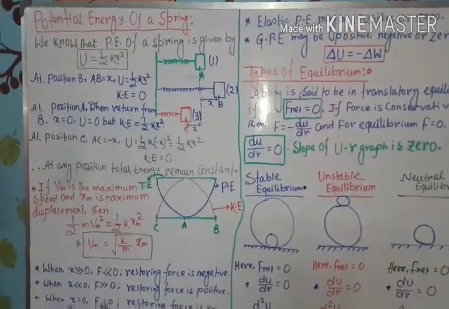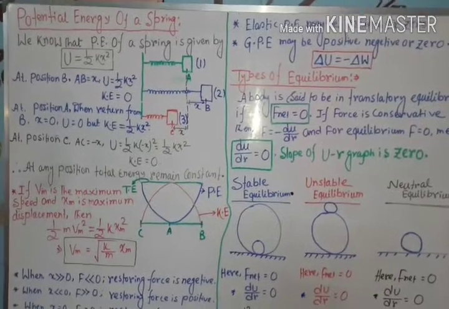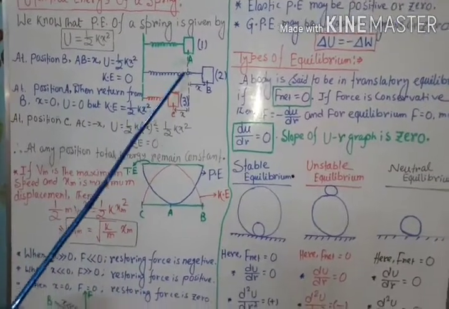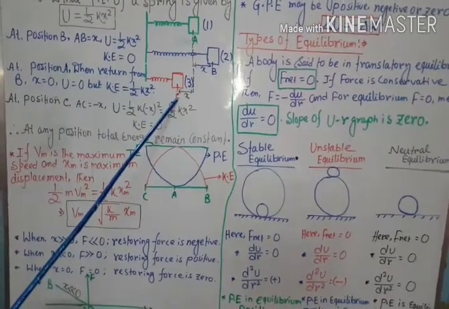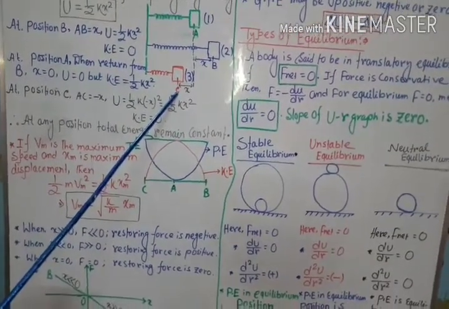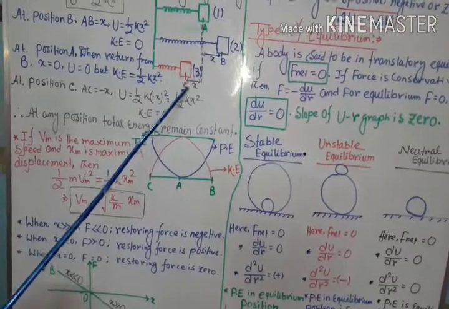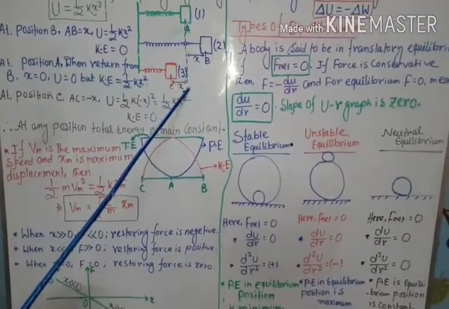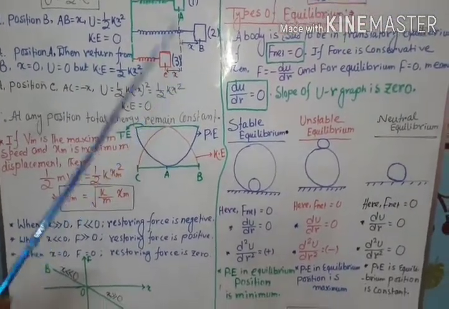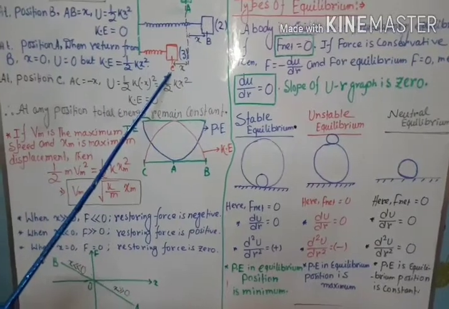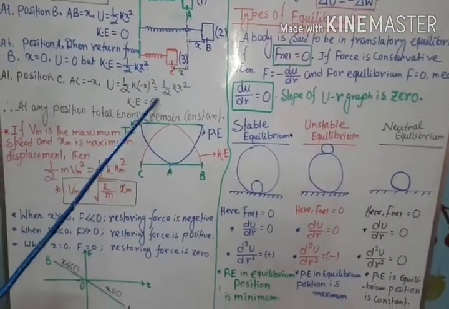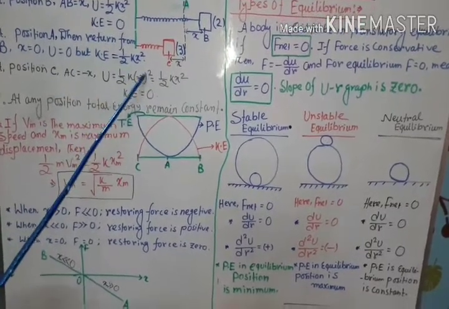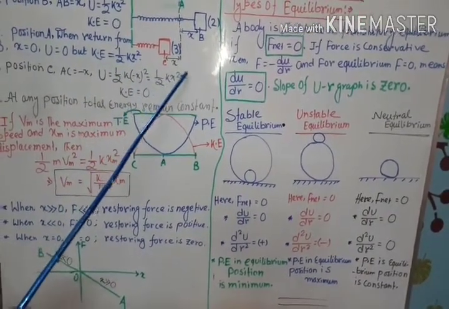Now the body passes over the position A and reaches the point C, which is the left extreme position of the body, where the compression of the spring is x and the velocity of the body at the position C is 0. So the kinetic energy at the position C is 0, but the potential energy here also is half k x square.